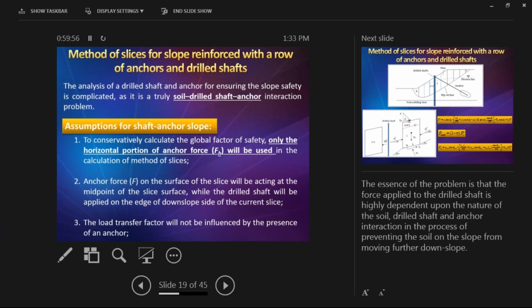And the anchor force, just like before, will be acting on the midpoint of the side surface. And the drill shaft would be applied at the edge of the downslope side of the current slide.